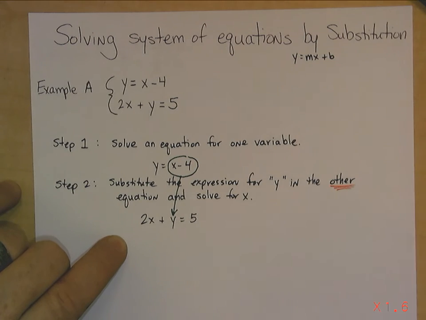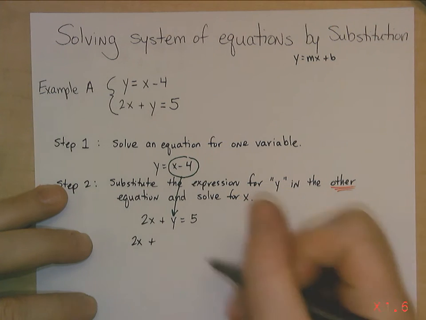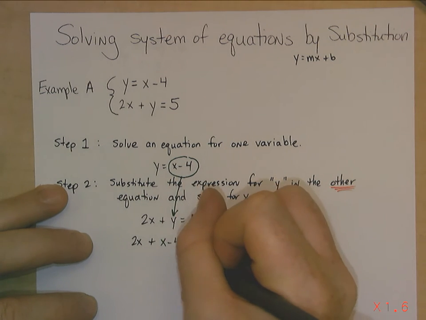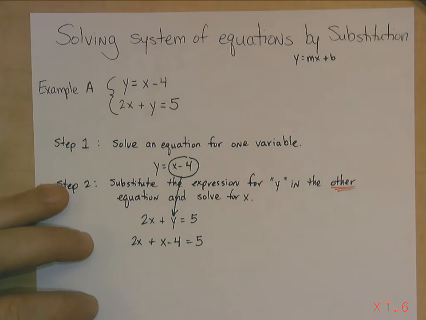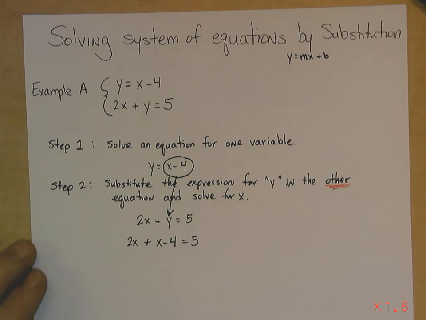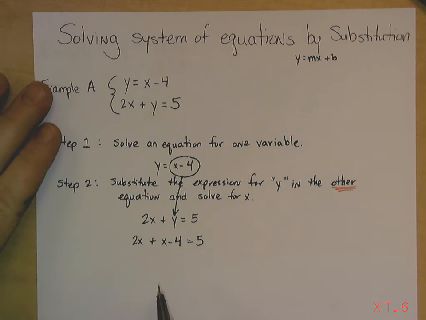So now it's going to be 2x plus x minus 4 equals 5. Hopefully you can see that's x minus 4 in green. This camera's not really doing a good job of showing the difference in color here.